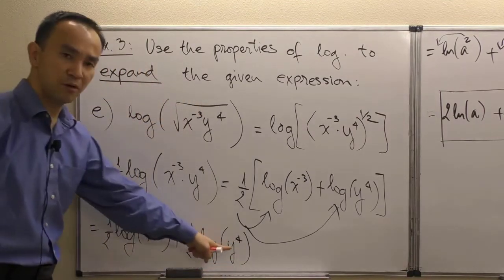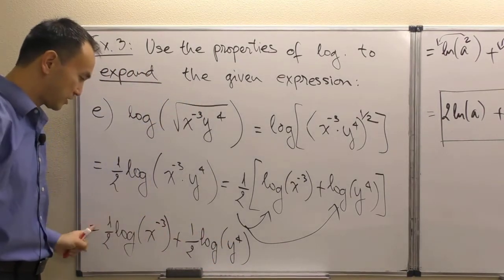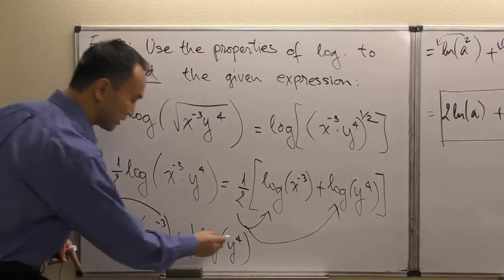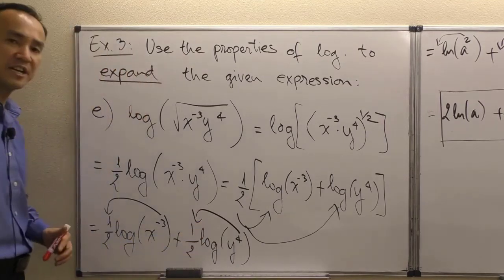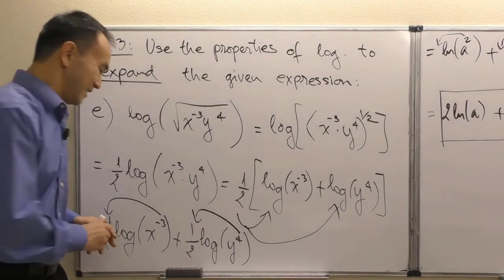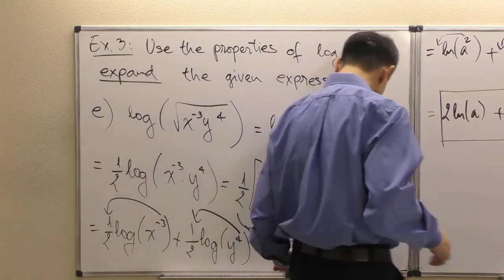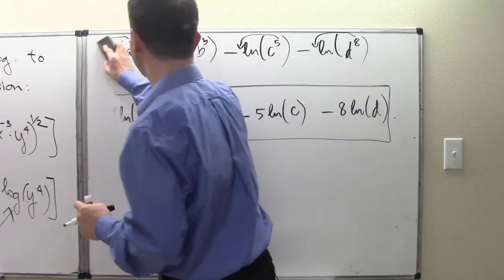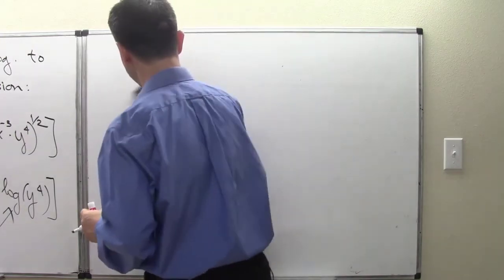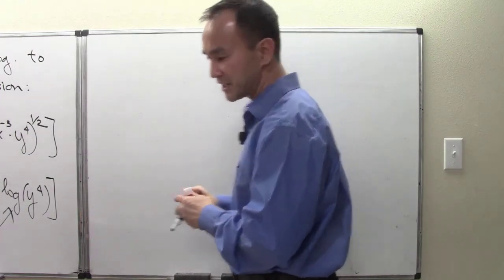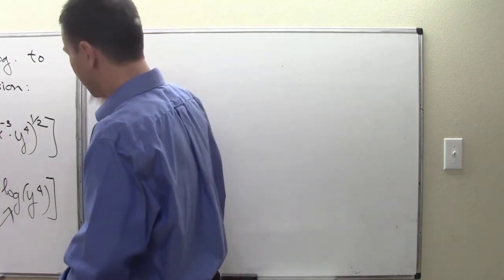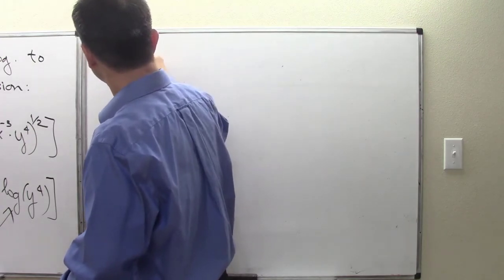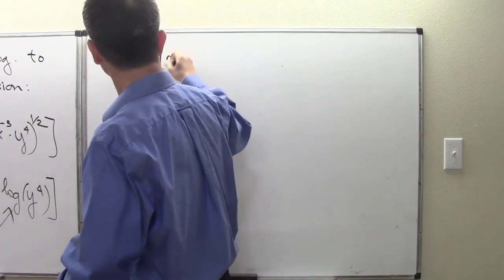And now we're going to apply property number 6 to bring the powers in front and multiply together with the coefficient already existing in front of each of our terms. So in my next step, the first term becomes minus 3/2 log base 10 of x.